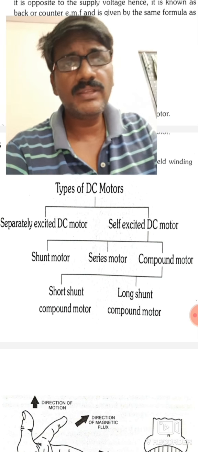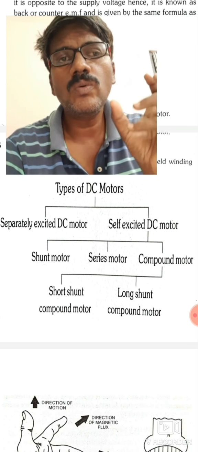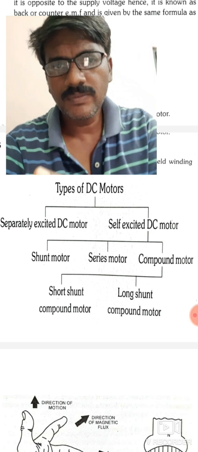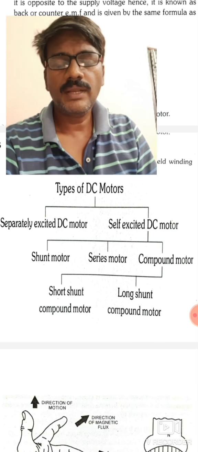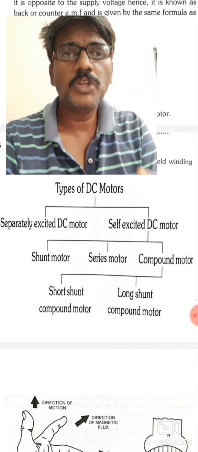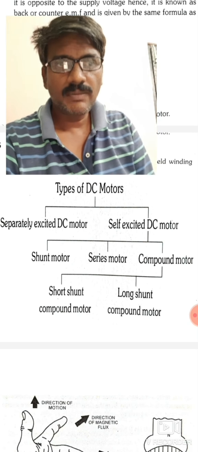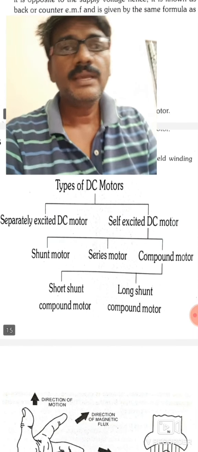These are classified based on the excitation given to the motor. Excitation is nothing but giving the supply to the field winding and armature winding. If a separate voltage is given to the field winding, then it is called separately excited.